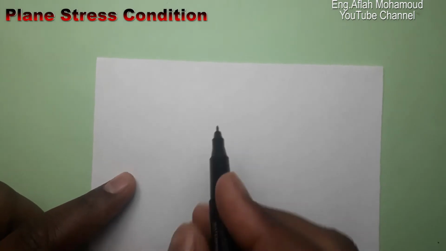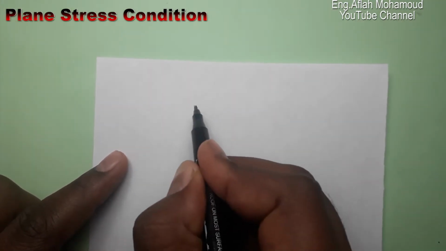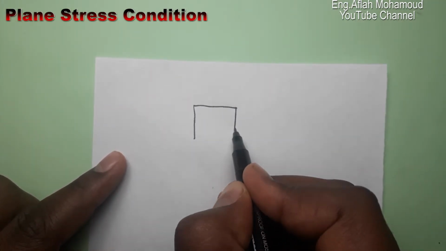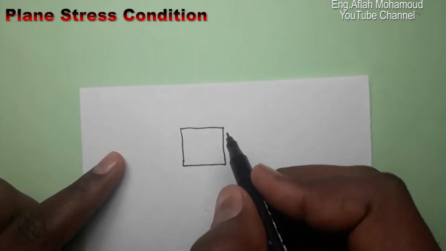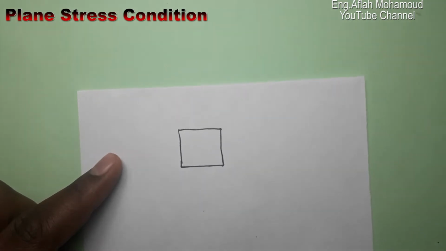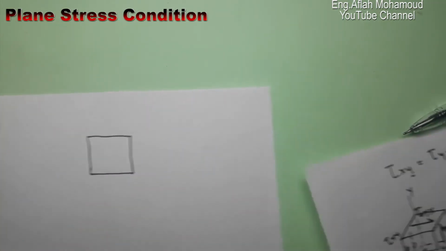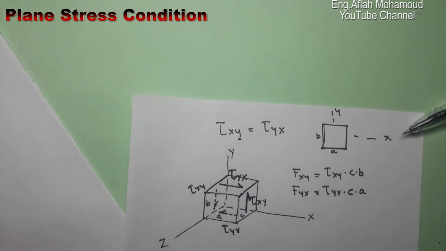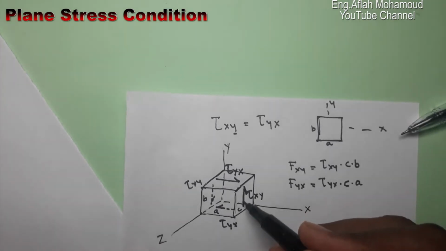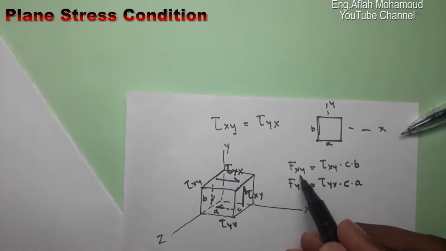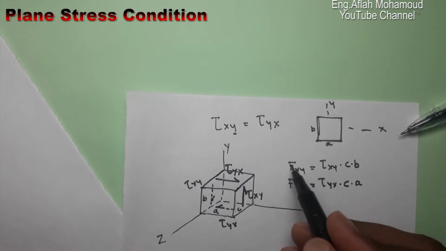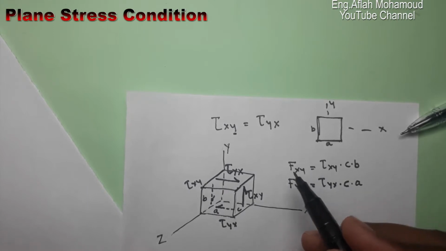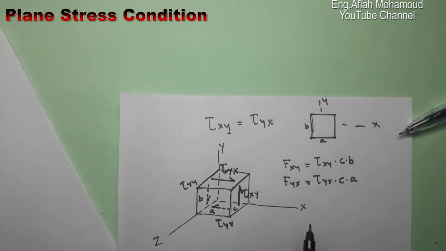Here we have this 2D element, and do not forget about the forces acting on the faces. The force acting on this face is Fxy, the force acting on the top one is Fyx, at the bottom Fyx, and at the left side Fxy. These forces are applied on the two-dimensional element like this.